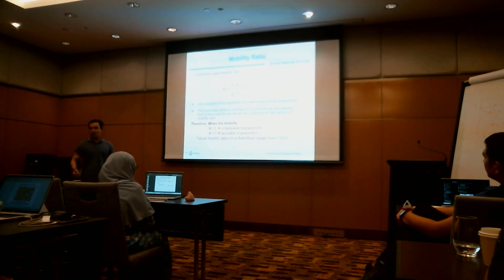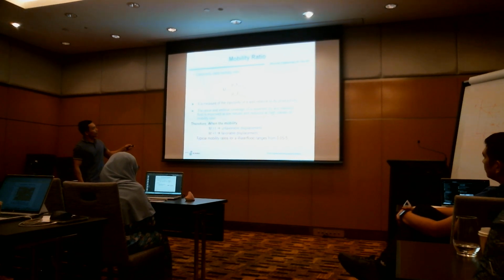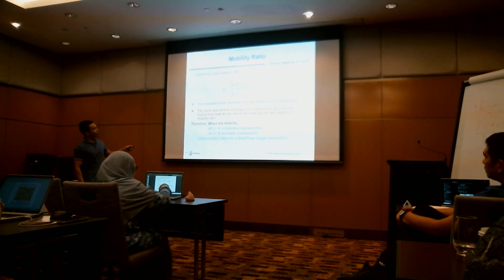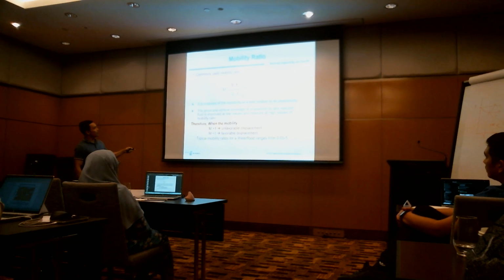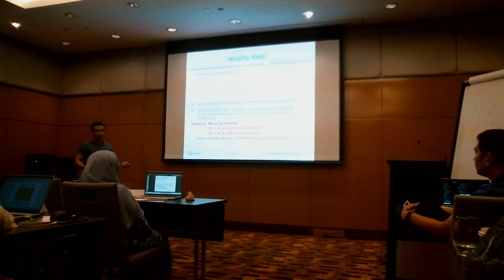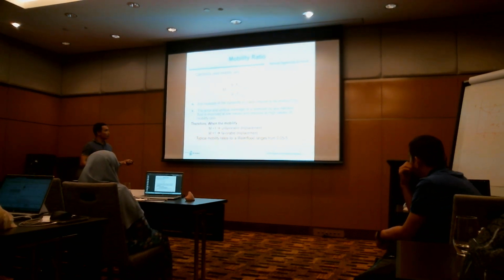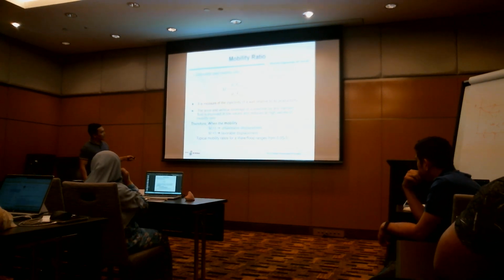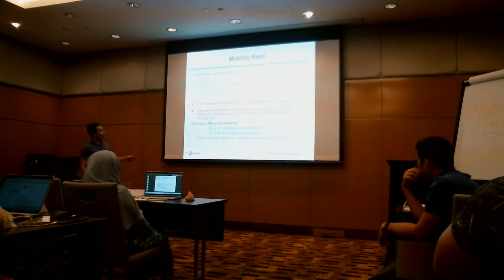Then the mobility ratio, right? So this is the equation: you have mu oil multiplied by the relative permeability of water, over mu water multiplied by the relative permeability of oil. So what will be a favorable mobility? You want this M to be less than 1.